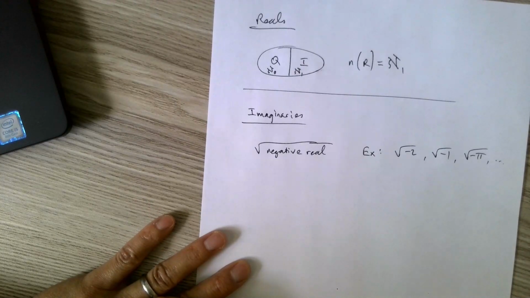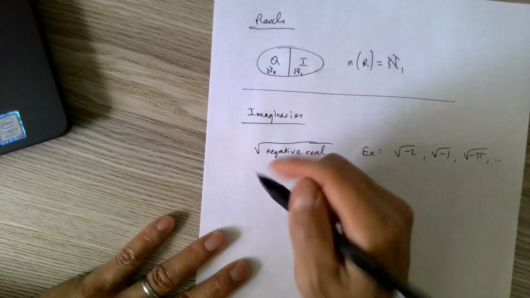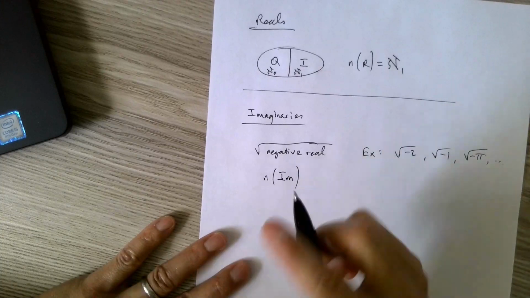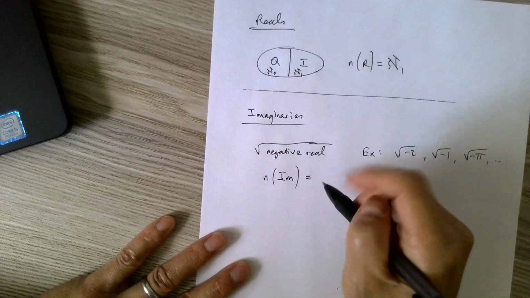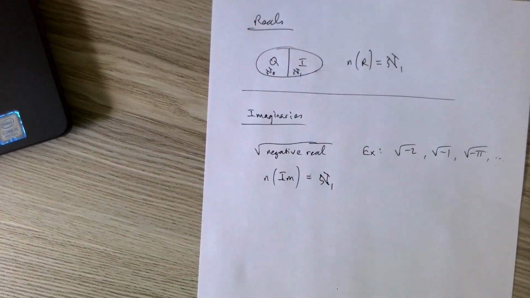It's going to be smaller, yes, but it doesn't change its level. It doesn't make it a smaller level. So the cardinality of imaginaries, since it contains real numbers inside of them, is also Aleph One. So we haven't found a third level of infinity yet. That doesn't mean they don't exist.